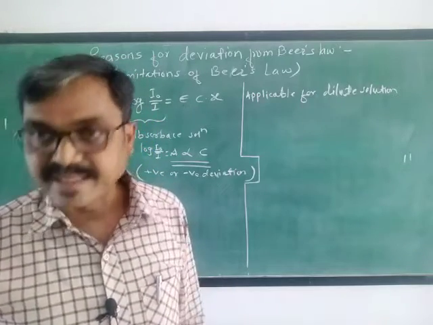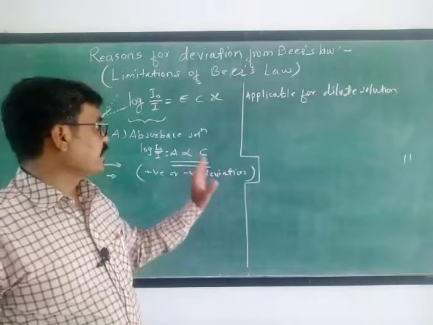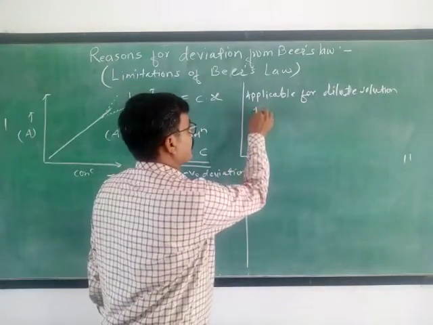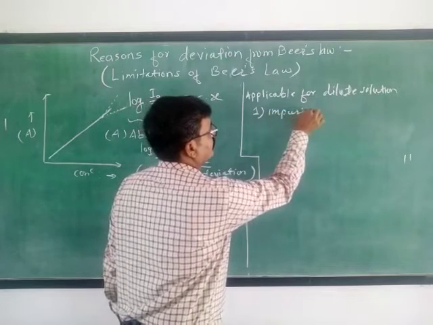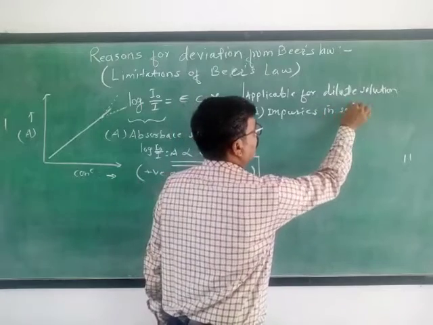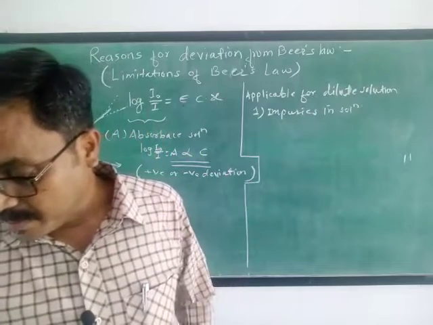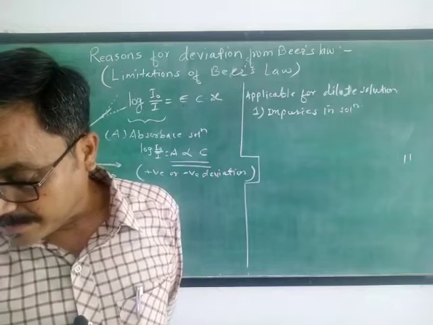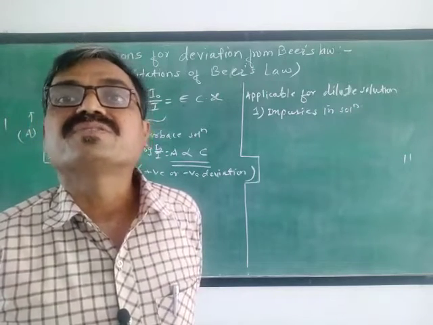The first reason is that if the solution under study, taken for the measurement of absorbance, contains impurities, then due to these impurities the absorbance at the absorption wavelength somewhat changes.